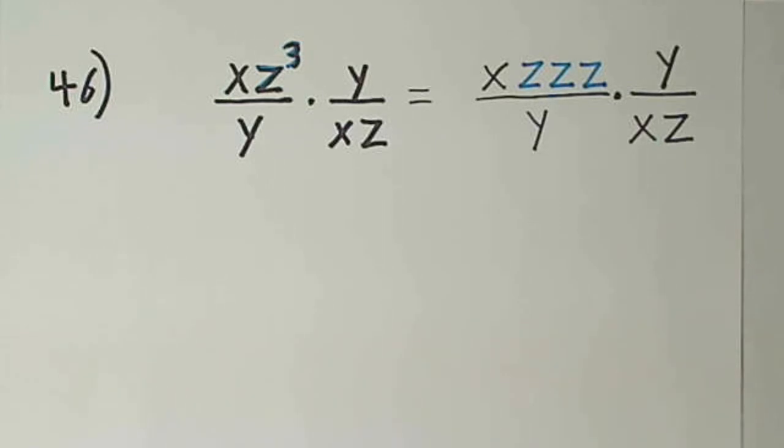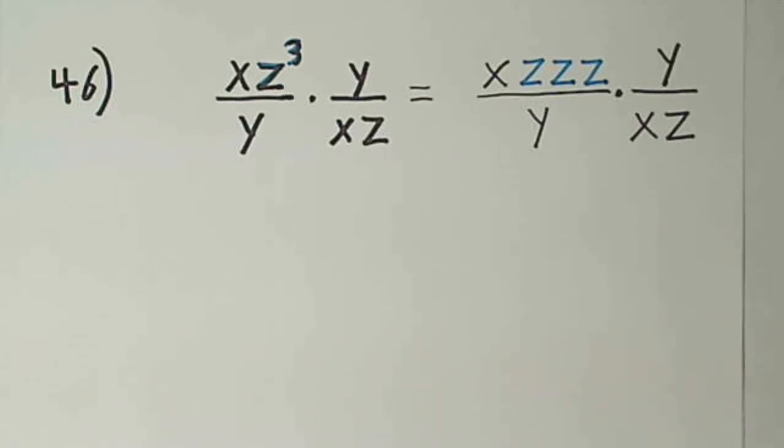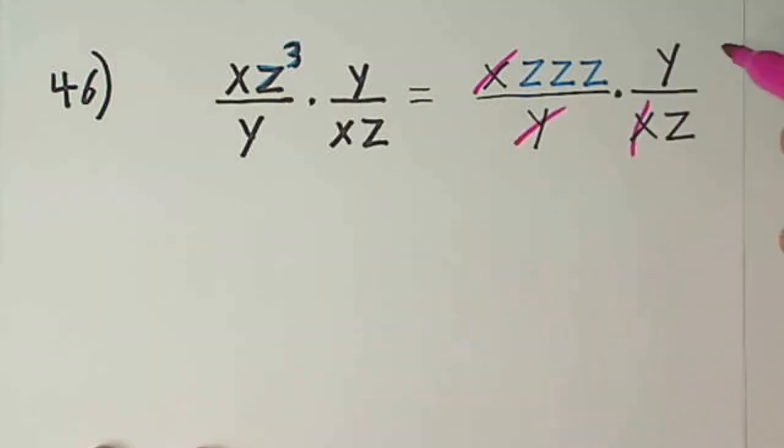And now we'll cancel our common terms. So x goes into x once, y goes into y once, and of these z's, this z will cancel one of them.